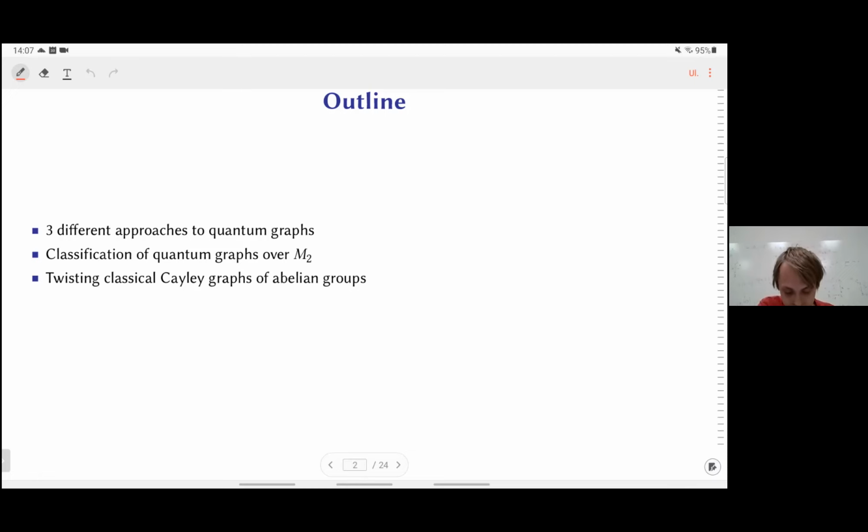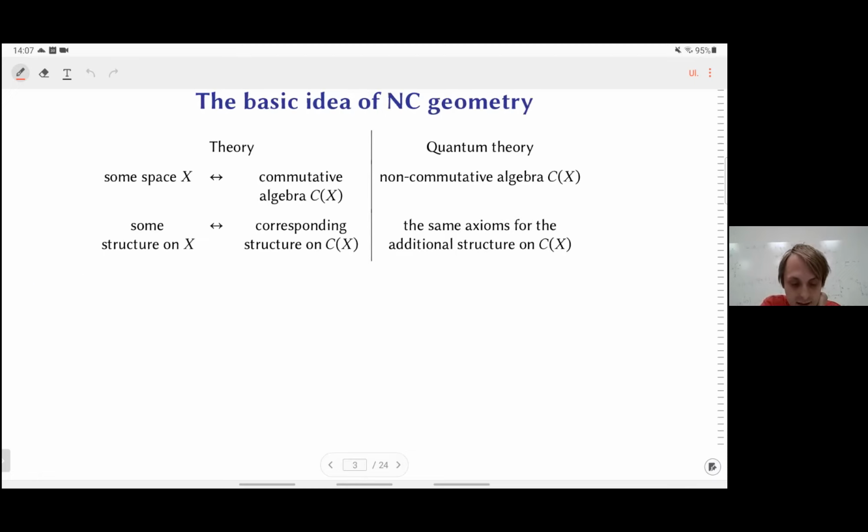Okay, so let's go further. I think you're familiar with the basic idea of non-commutative geometry. Just to quickly go through it, how does this work? We start with some theory where there's usually some underlying space X, and instead of studying the space X itself, we decide to study the algebra of some functions over that space.